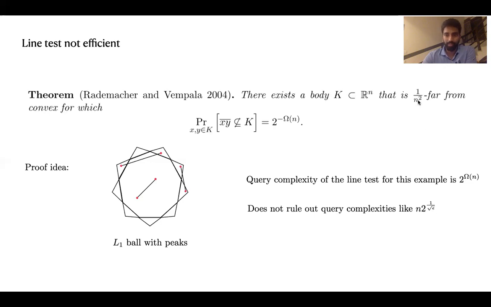Here in this example, epsilon is 1 over n squared. So if you substitute epsilon as 1 over n squared, you get the query complexity to be exponential. Because epsilon is extremely small here, it's not clear if you're getting the exponential query complexity because of epsilon or n. So it could still well be that it's linear in n and exponential in epsilon.